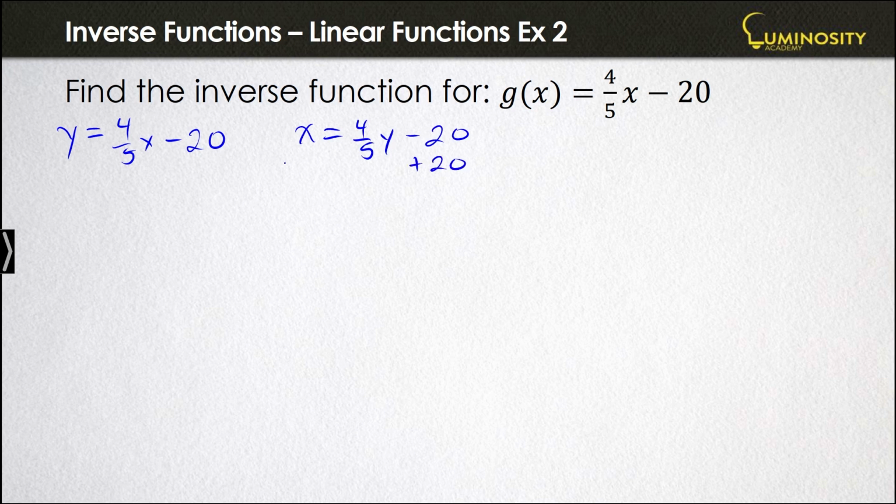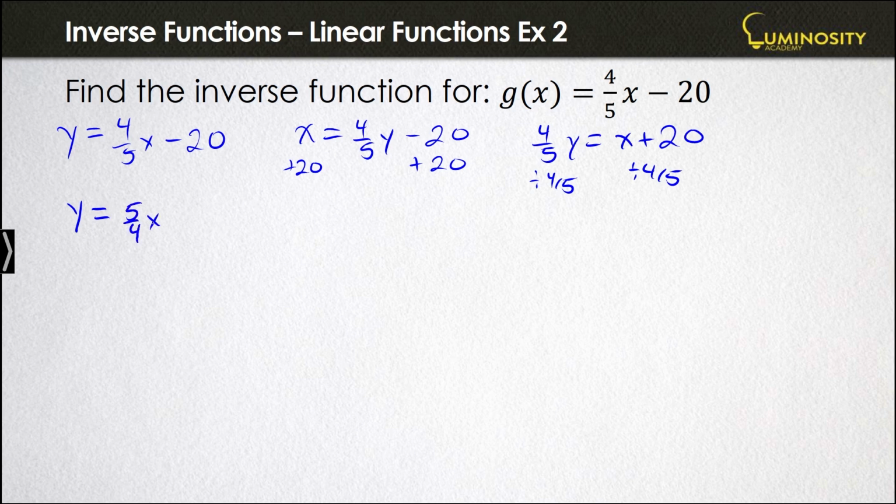So we add 20 to both sides, and we get 4/5 y equals x plus 20, and then we divide by the coefficient. But you have to remember, when you divide by a fraction, it's the same as multiplying by its reciprocal. So we'd have y equals x times 5 over 4.